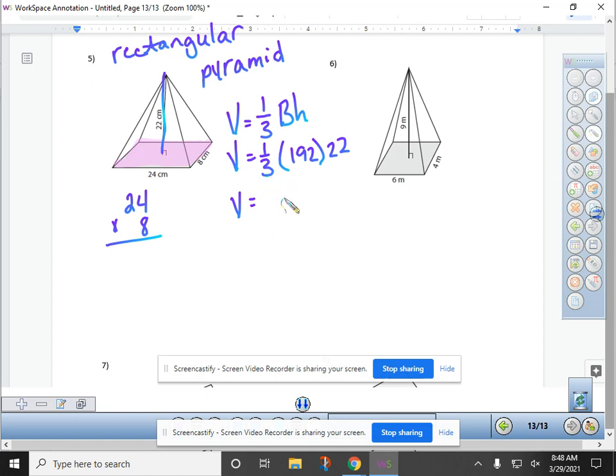So divide 192 by 3. And 64 times 22. Go ahead and work that out. Okay, Nathan, you're not allowed to tell people the answers because you get to use a calculator.